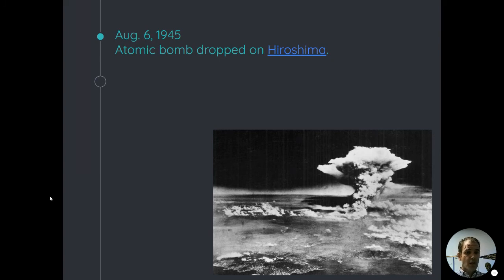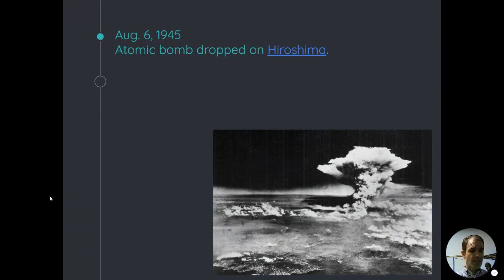And Japan, who had a history of a culture that really did not accept surrender and defeat, refused to surrender. Okay, so on August 6, 1945, the United States dropped the atomic bomb on Hiroshima.